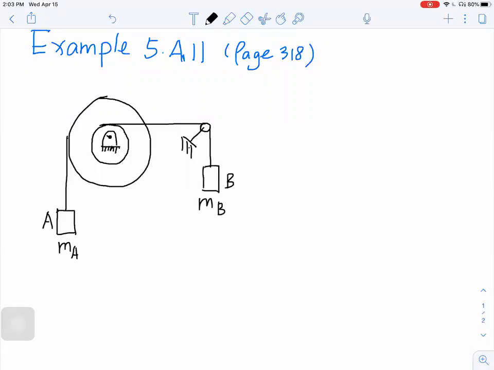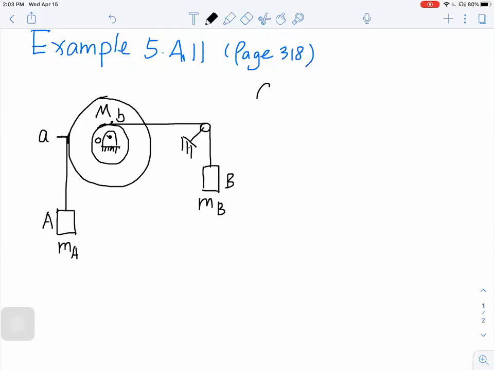This whole drum has a mass capital M and is fixed at point O. Both A and B are connected with the rope, and the rope is connected with the drum. Let's call this connecting point A, and this connecting point B.